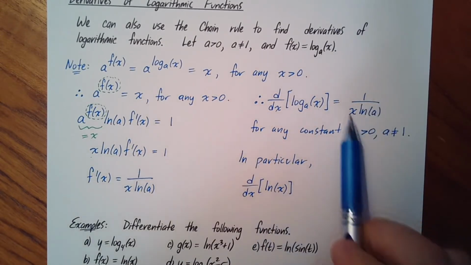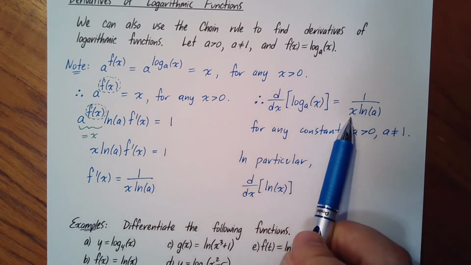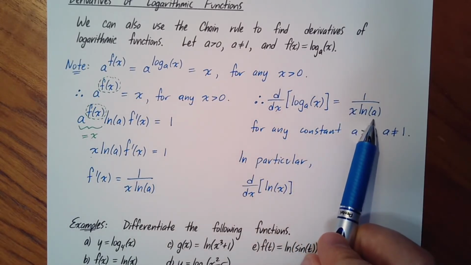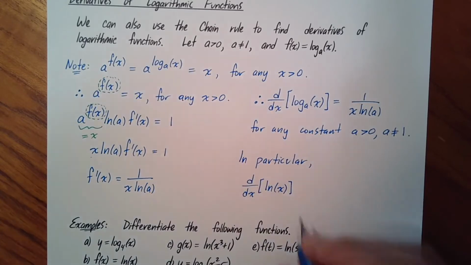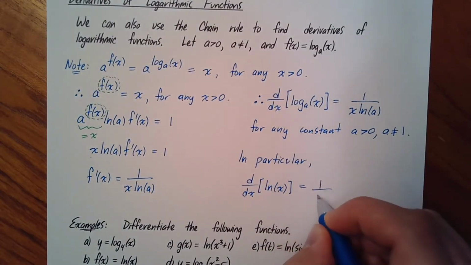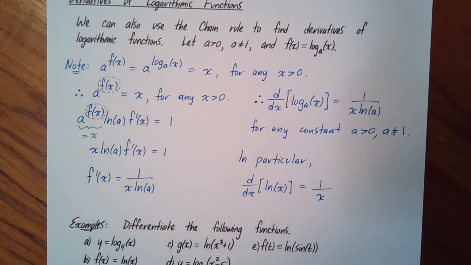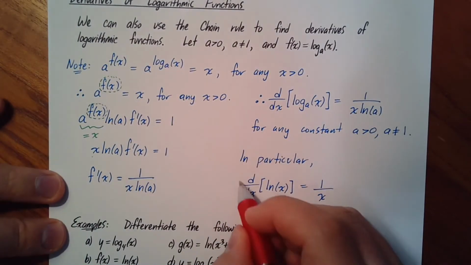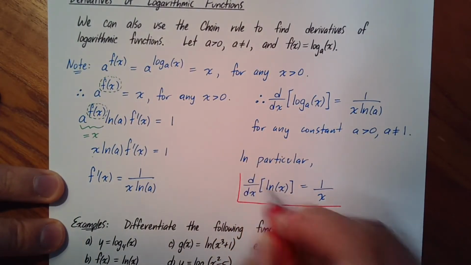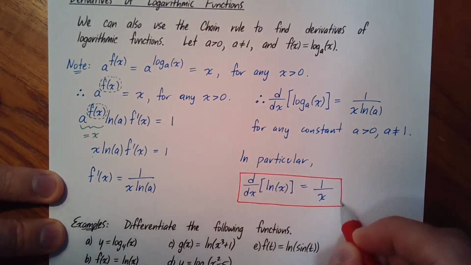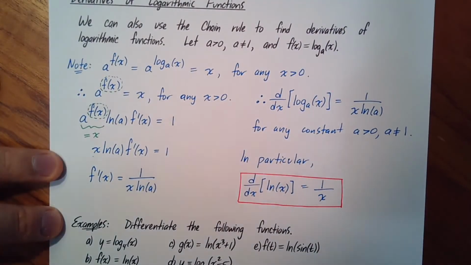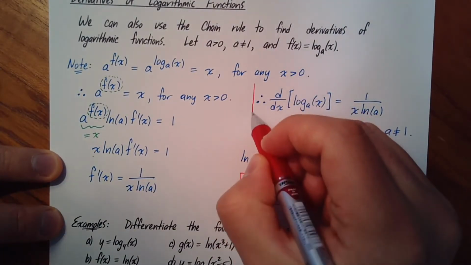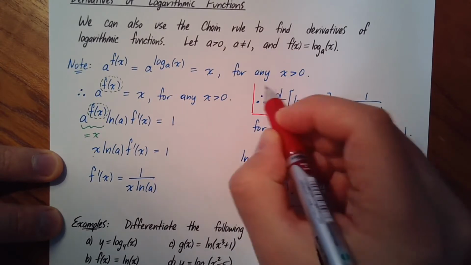What would the right-hand side be? We'd have 1 over x times the natural log of e, and the natural log of e is just 1. So you'd just get 1 over x in that case. That's your rule for the natural log. It's a little bit nicer; you don't have as much to worry about. But in general, if you're dealing with a log of any other base, then the earlier rule is your rule.